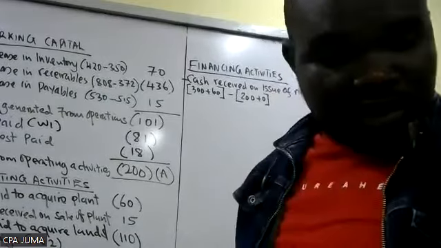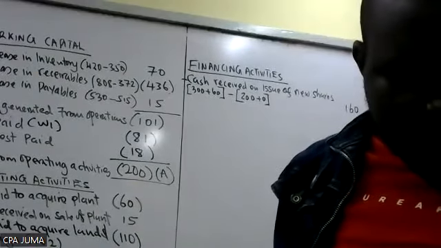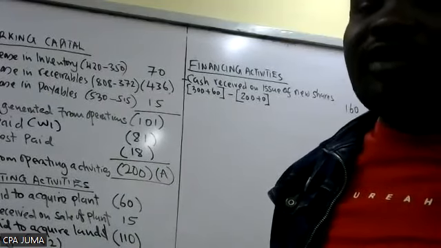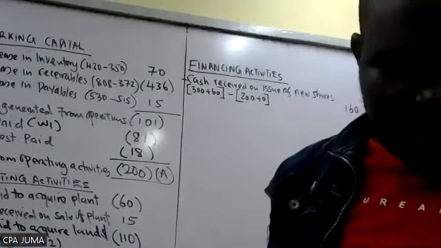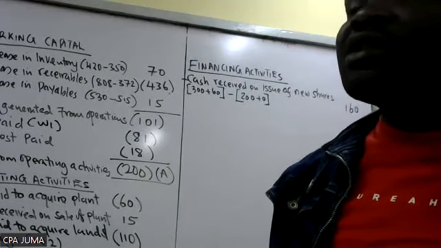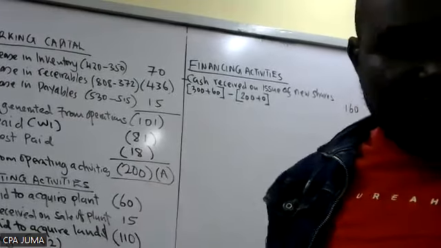Go to retained earnings. Retained earnings should be utilized. You utilize retained earnings to determine dividends, which you paid. The decrease in retained earnings is dividends. If profit decreases, it means the company has paid dividends.